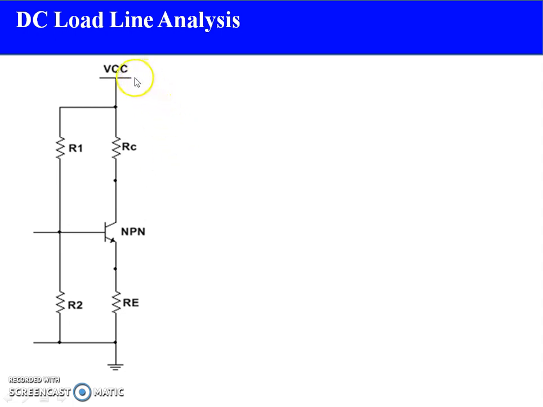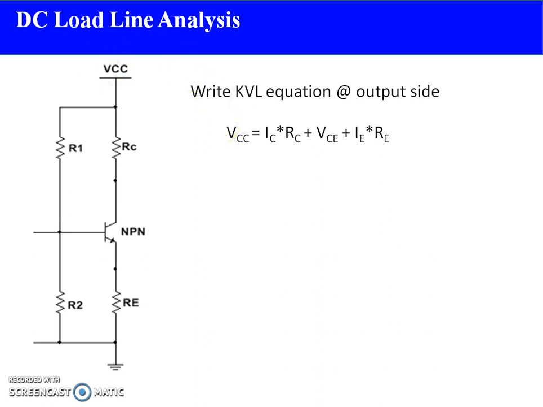Now I need to write down a KVL equation in the output branch. The equation is: VCC is equal to IC times RC plus VCE, that is the drop from collector to emitter, plus IE times RE.